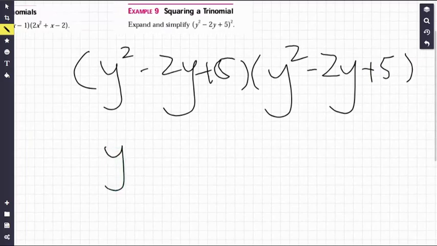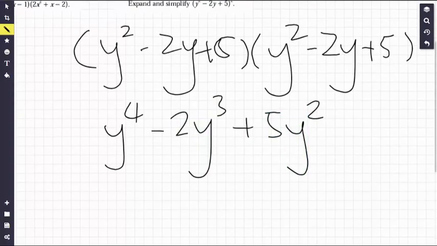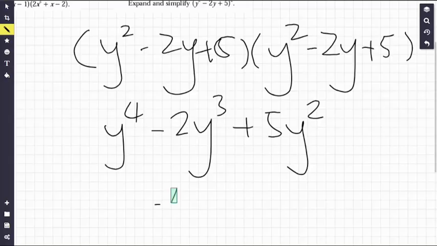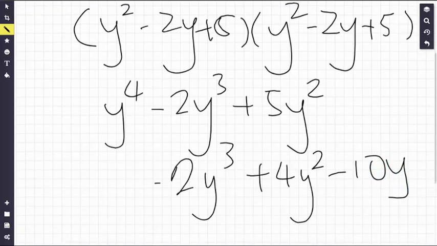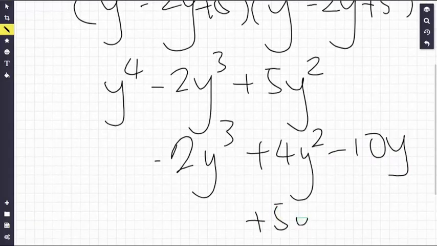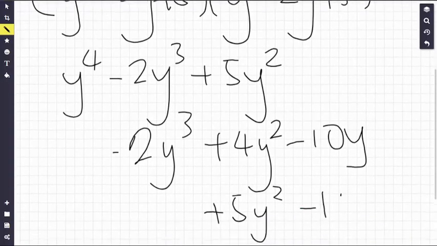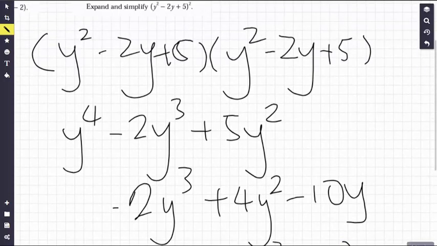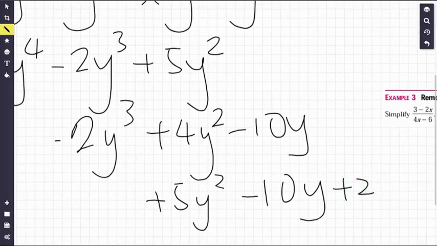So let's just get straight to it. y^4 minus 2y^3 plus 5y^2, and then I'm gonna write it big this time so you can actually see me using the method. And then plus 4y^2 minus 10y, and then on the right we'll have plus 5y^2 minus 10y, and then plus 25.